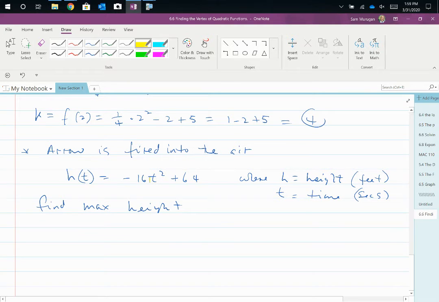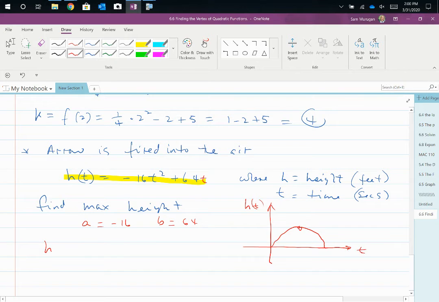So we've got a quadratic function right here where a is equal to negative 16 and b is equal to 64. They want the height. The arrow goes up to a height at time t in seconds, and they want that height.